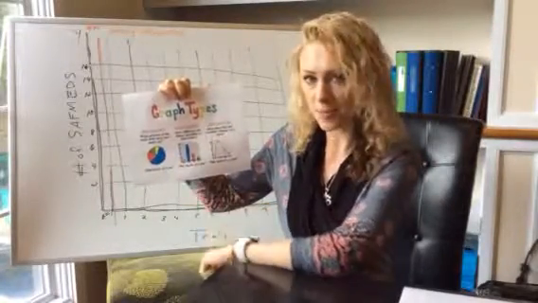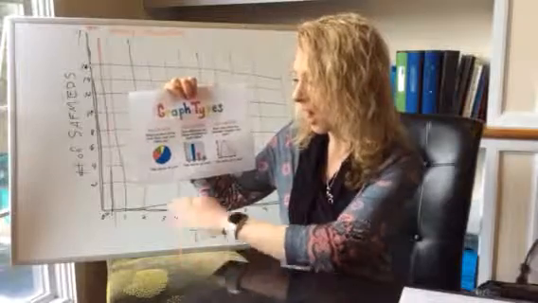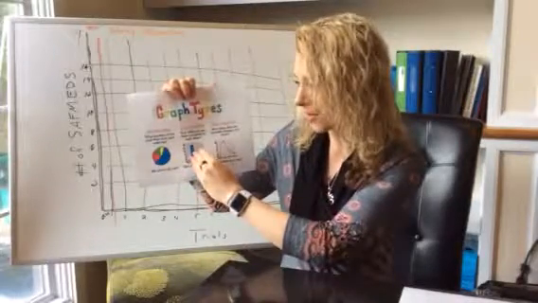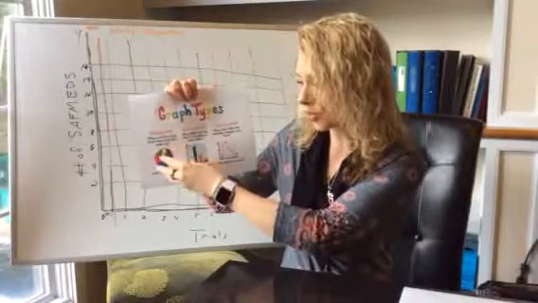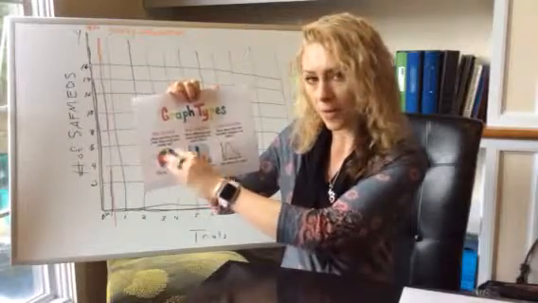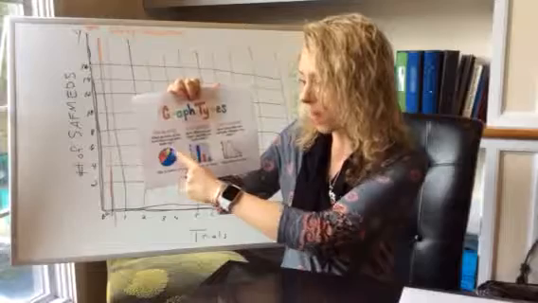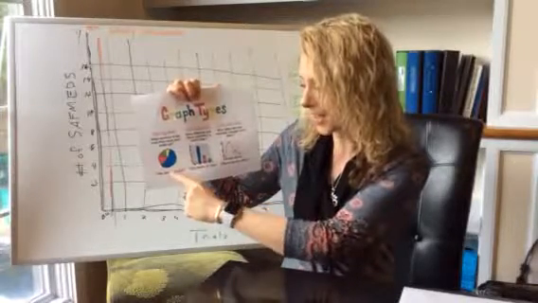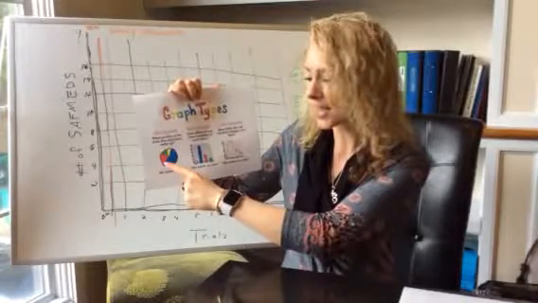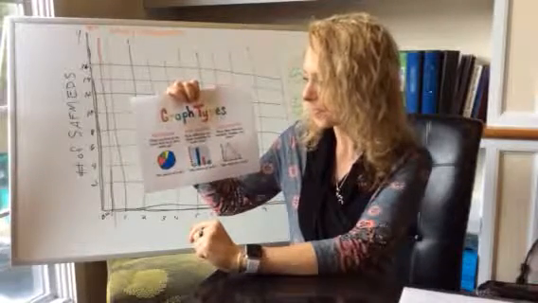The same can be said for pie graphs. A pie graph is similar to a bar graph in that you can compare and contrast different variables or categories within a certain set of things and see how much of it takes up. But again, you're not able to analyze any of that information over time. Okay?